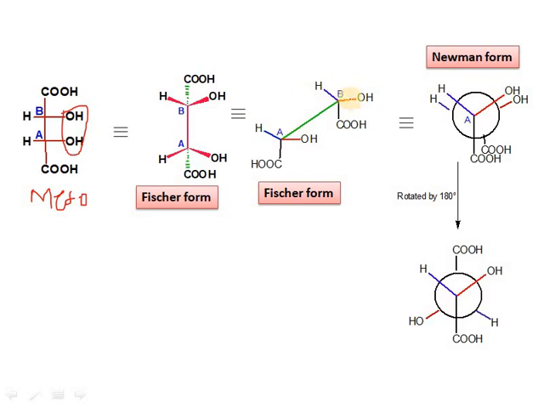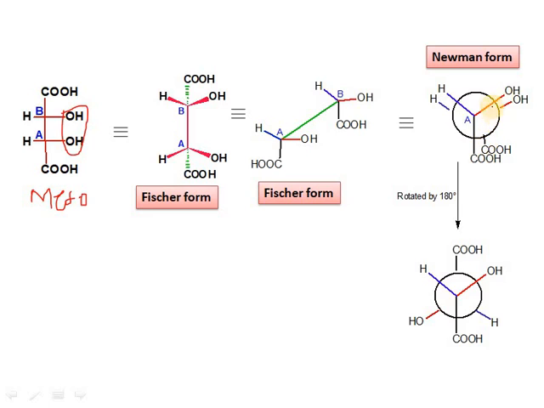This first formula we can write in the form of a Newman projection. The front carbon, capital A, is shown with the COOH group below the plane and the other groups on the left and right side. The circle is the rear carbon, with two groups: one below the plane like COOH, and the others on the right and left side.